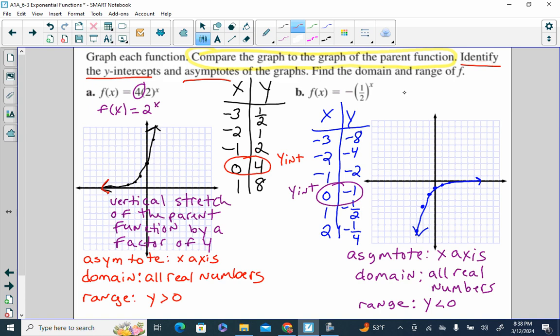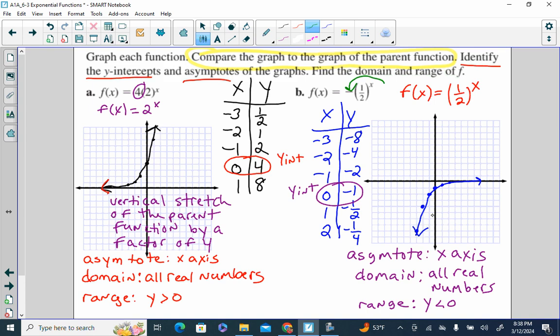And then we look at this example here, and we want to compare it to the parent function. Your parent function would be f of x is equal to (1/2) to the x. So how is this different from the parent function? That negative sign, and the negative sign causes a reflection in the x-axis.